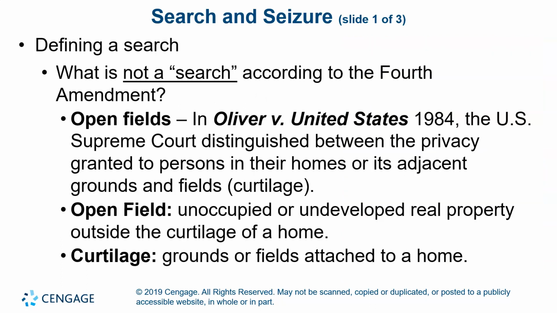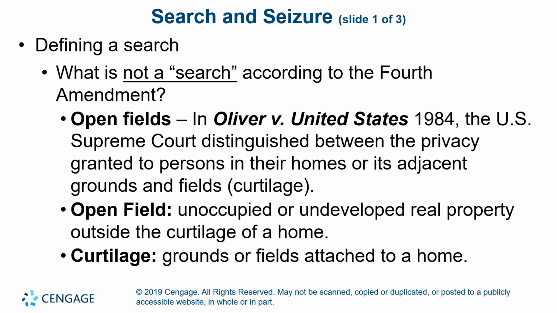Next would be open fields. Again, we're talking about what's not a search. In Oliver versus United States in 1984, the U.S. Supreme Court distinguished between the privacy granted to people in their homes or adjacent grounds and fields. The technical term for that is curtilage.